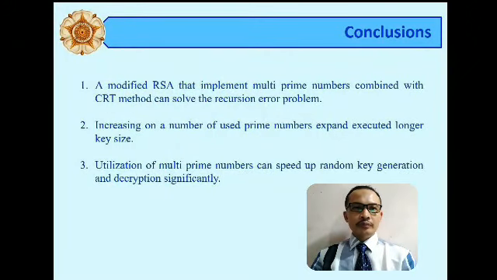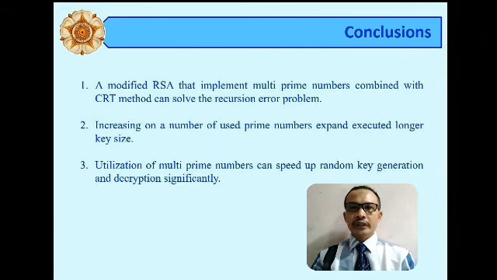From our presentation, we can conclude that a modified RSA implementation using multi-prime numbers combined with the Chinese remainder theorem method can solve the recursion error problem that we found in our Python 3 programming language.